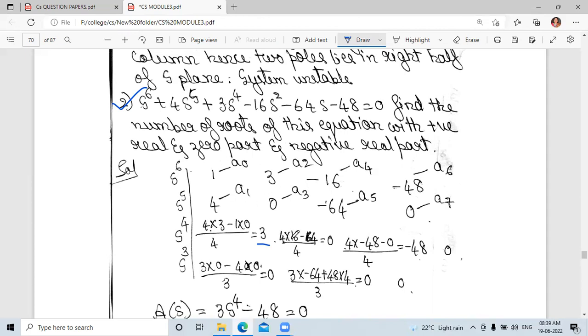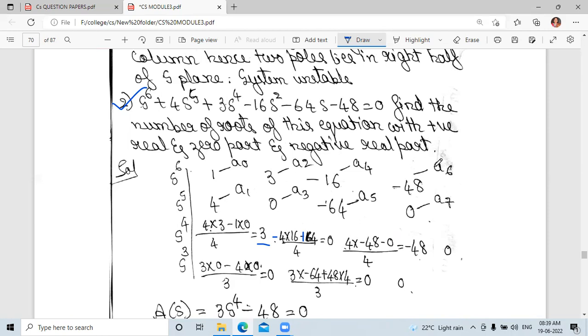So 4 into 16 is 64, minus 64, and minus of minus gives plus 64. So it becomes 0.